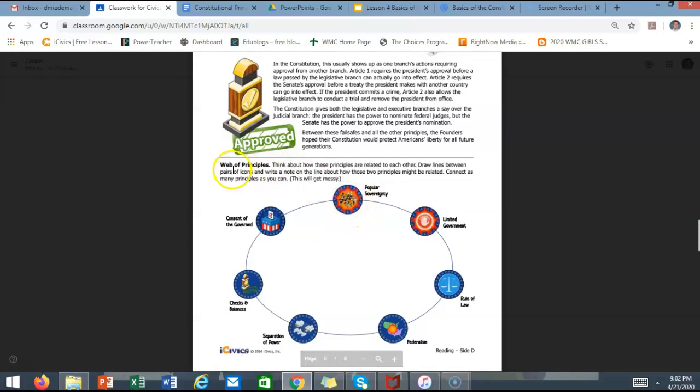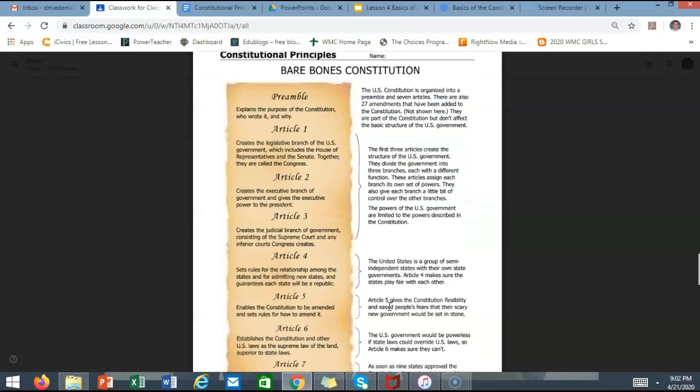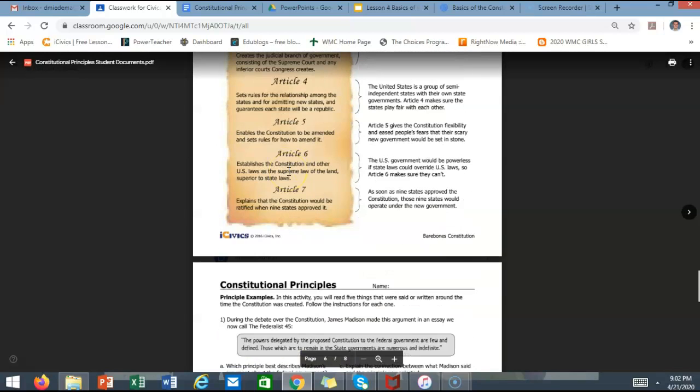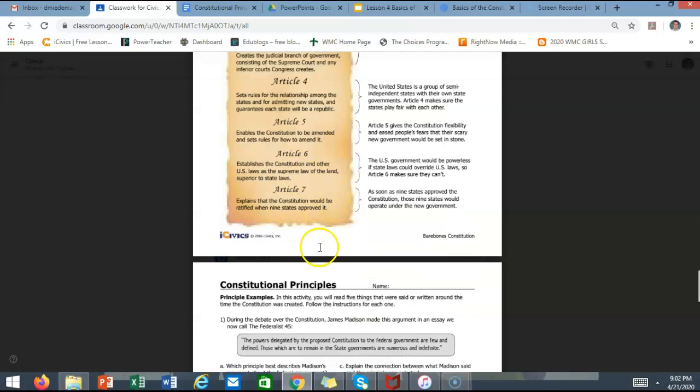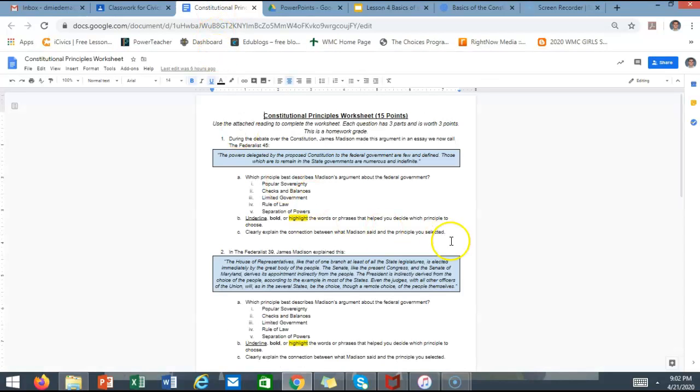Do not worry about this web of principles part. You don't need to do that. This is just review material so you know the main structure of the Constitution, preamble, articles, and then there's amendments as well. This is the worksheet part, and this is on a PDF, so I will post a Google Doc version of this.